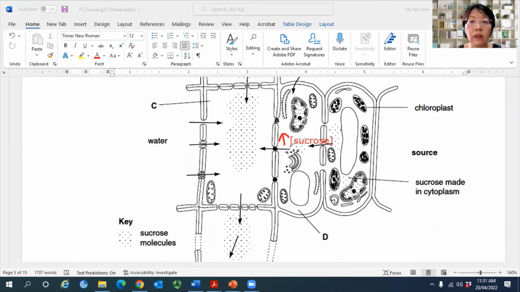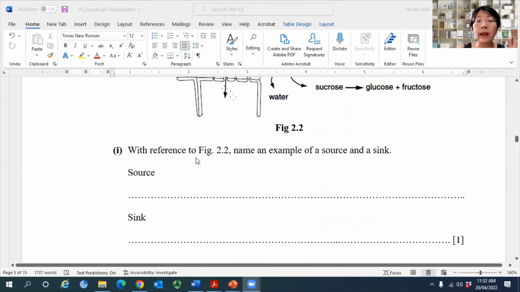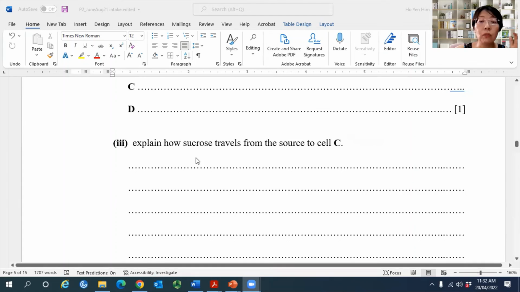Because of that, it will diffuse into the companion cell down its concentration gradient through the plasmodesmata. Plasmodesmata means plural, plasmodesma means one. Learn this part, which I didn't stress when I taught you: the concentration of sucrose. So that's all the answer for this part. That's why you don't have to write things that the question didn't ask you.